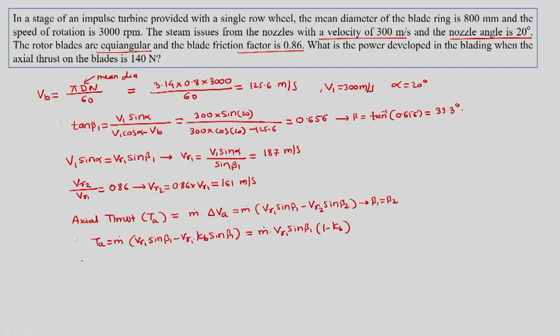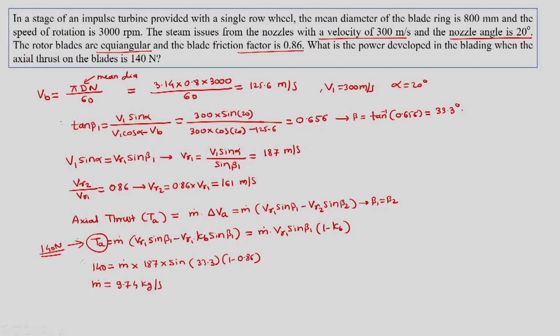Here the left hand side is known to us and it is given as 140 Newton. So 140 is equal to m dot into VR1, which is 187, into sine of beta 1, which is 33.3 degree, into 1 minus 0.86, and this gives us m dot as 9.74 kg per second.